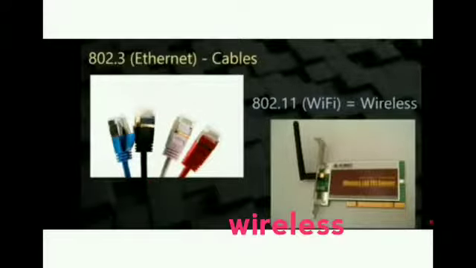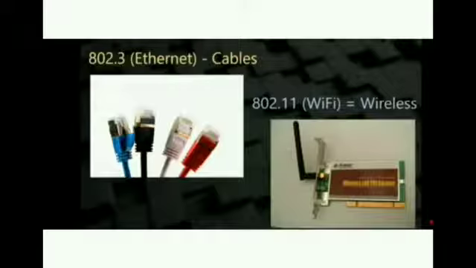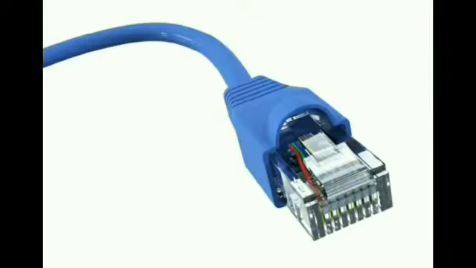A wired connection generally uses cables to connect devices such as laptop or desktop computers to the internet or another network. The most common wired network uses Ethernet cables to transfer the data between connected PCs.